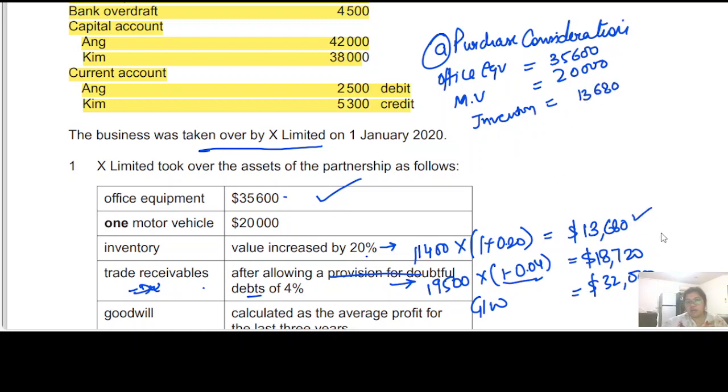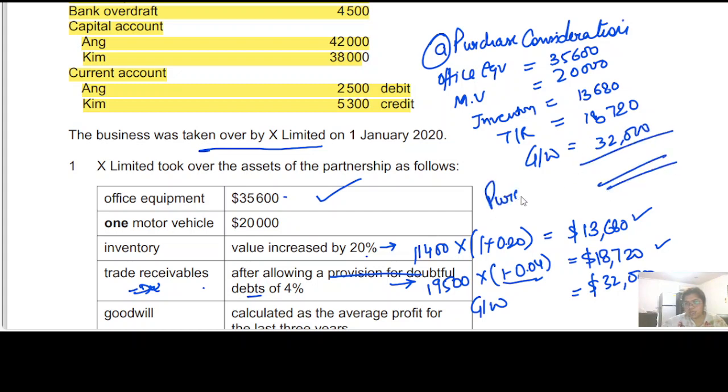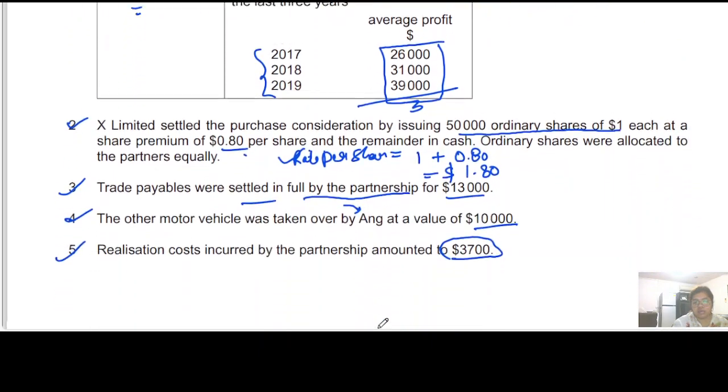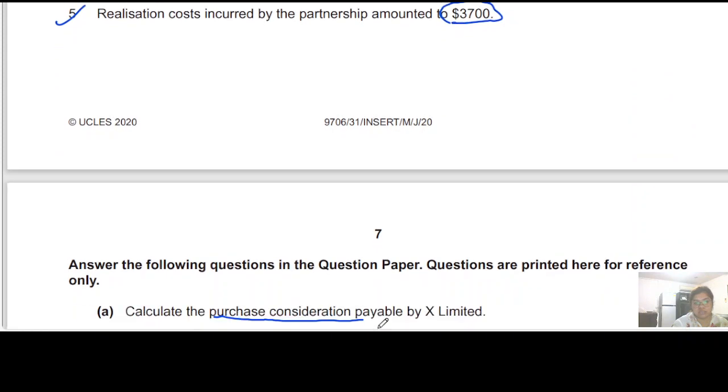Then trade receivable, that is 18,720. And goodwill, that is 32,000. Then we add all these, so our purchase consideration is 120,000. I think this concept is clear to you. We have to add all the assets taken over by X Limited, with whatever value has been decided.